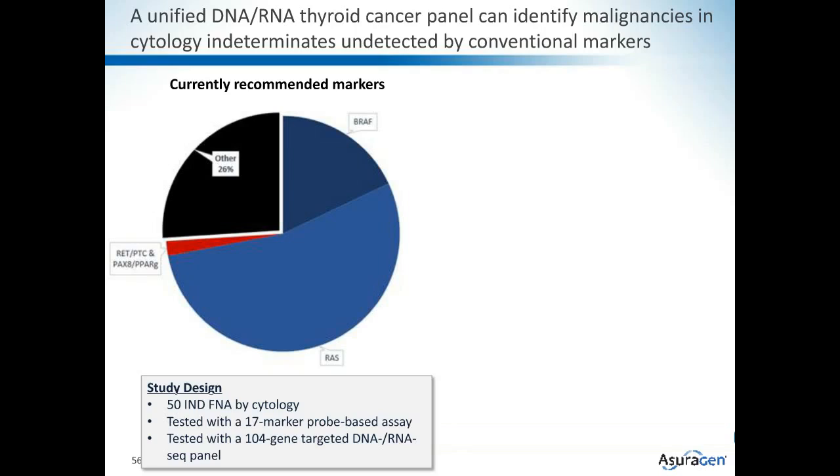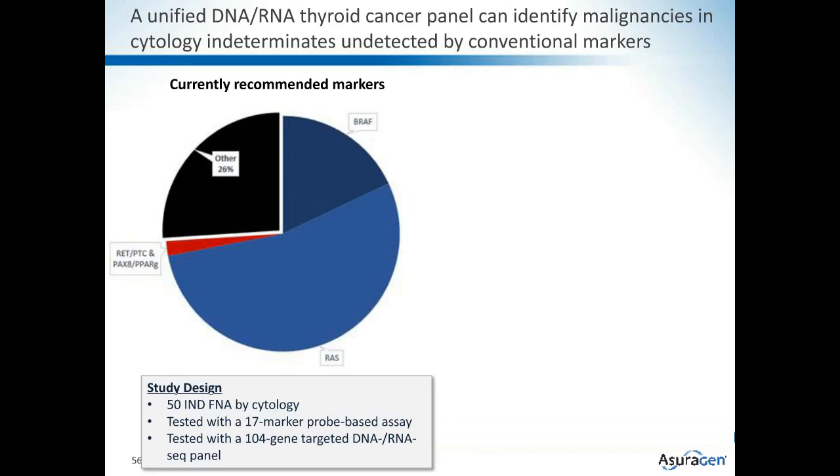And these were split out by BRAF status, RAS status, or with translocations like RET-PTC or PAX8-PPARγ. However, there's a black hole here of about 26% that is unexplained in malignants. So all of these samples are in fact malignant, and yet the conventional markers only cover about 3/4 of them. How does that compare with our 104 gene comprehensive panel that spans many more DNA and importantly RNA markers, and most importantly spans many different categories of markers?